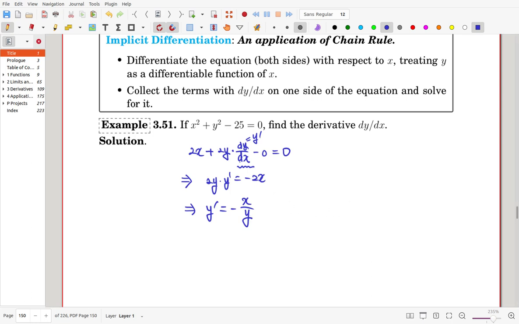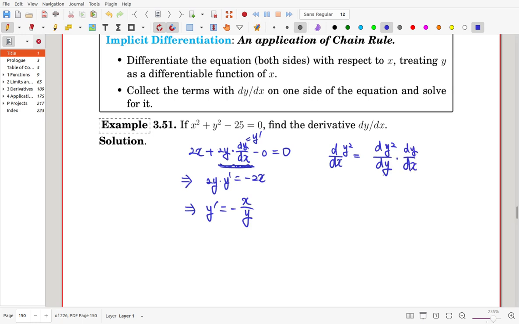Now we'll consider this one more time. Here, d over dx of y squared is the same as d y squared over dy times dy over dx. We consider y as a function of x, and we first make the derivative with respect to y, and then multiply by dy over dx.